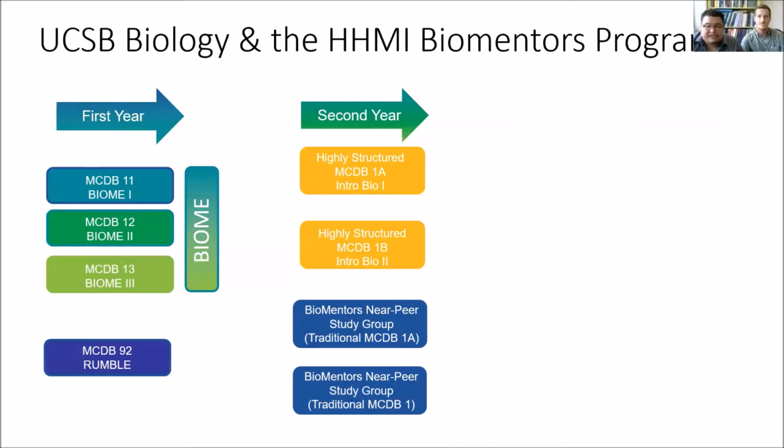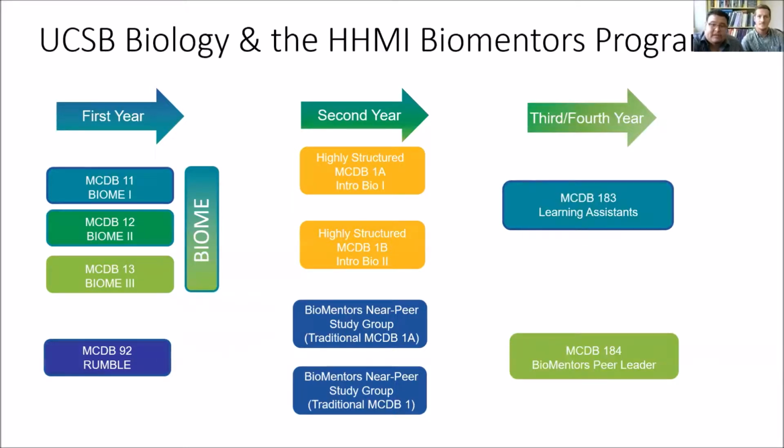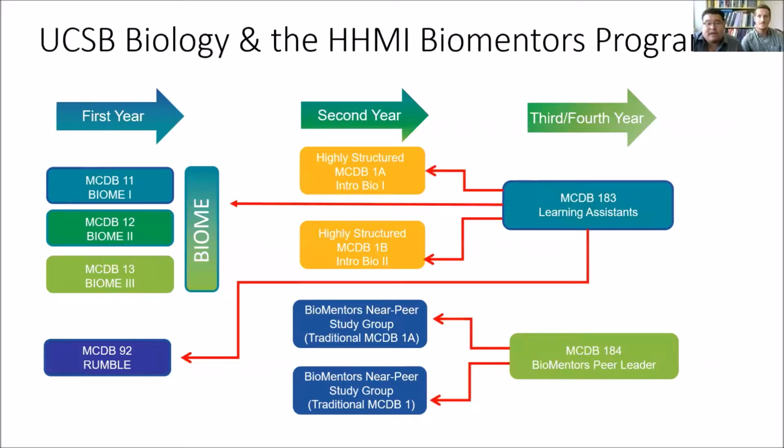Now, as you can see, these are quite a lot of courses that require instructors, and therefore it's one of the challenges that we needed to address, and we did precisely that using LAs that are able to mentor and teach along with the instructors, and they receive credits themselves for their participation in the courses.